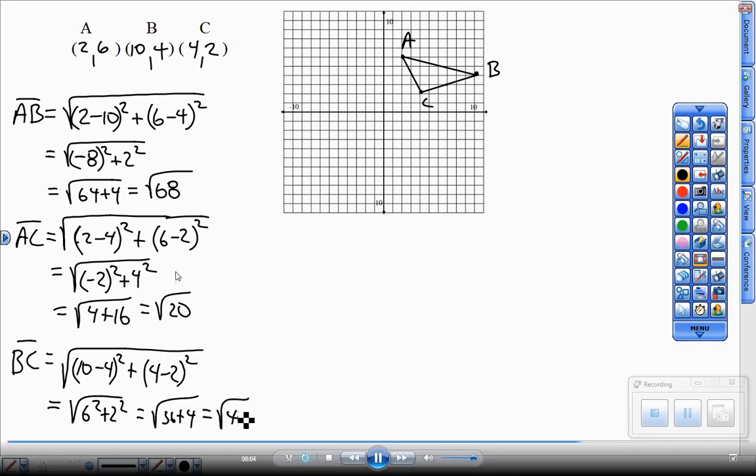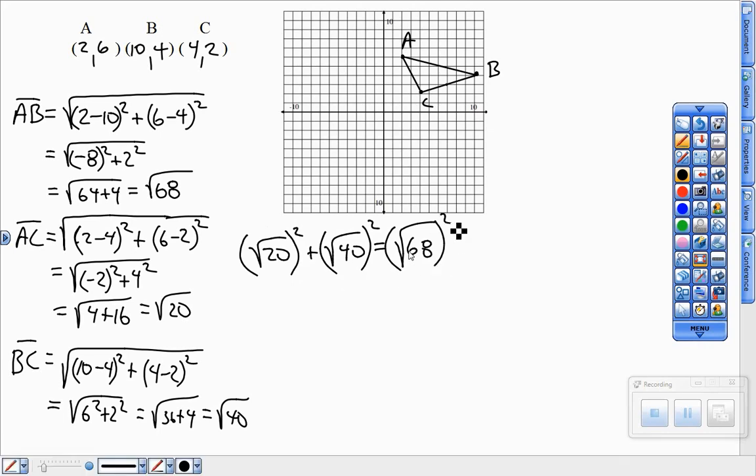This definitely is my longest side, goes in the Pythagorean theorem all by itself. These are my 2 legs. I can see that these don't quite add up to be 60, not quite a right triangle. Root 20 squared plus root 40 squared, my 2 legs, does not equal root 68 squared.